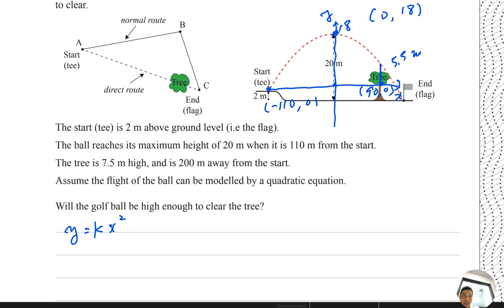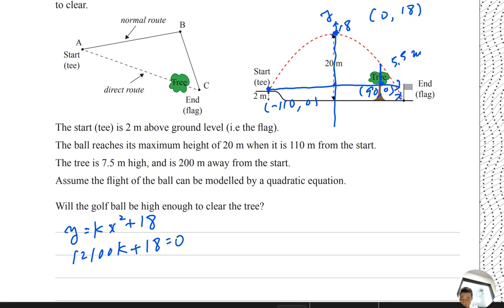To find k, we need that point, so we plug negative 110 into x and 0 into y. Minus 110 squared is 12,100, so 12,100 k plus 18 equals 0.